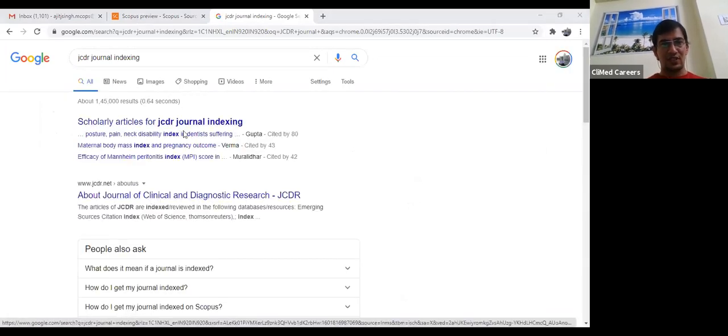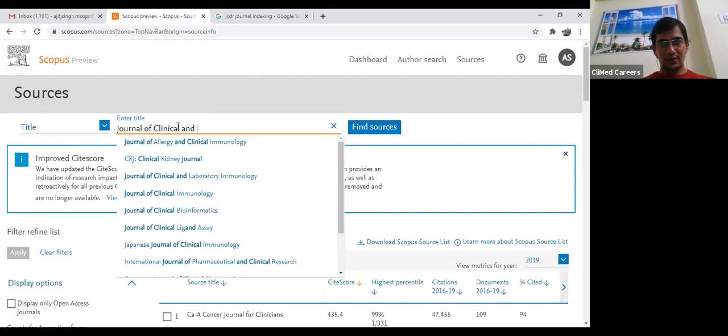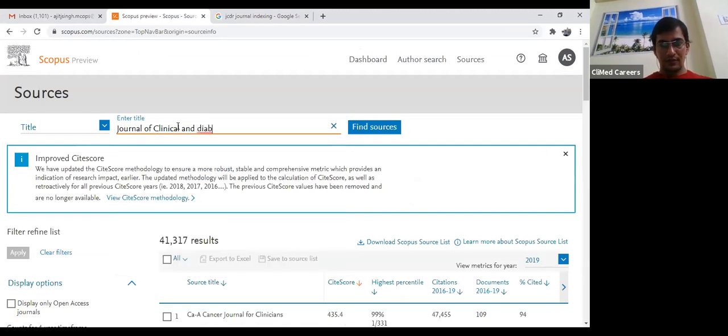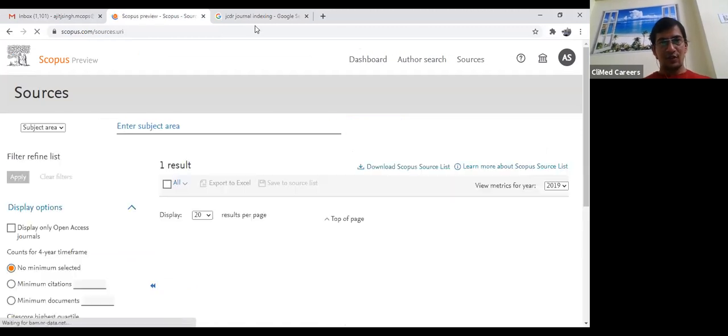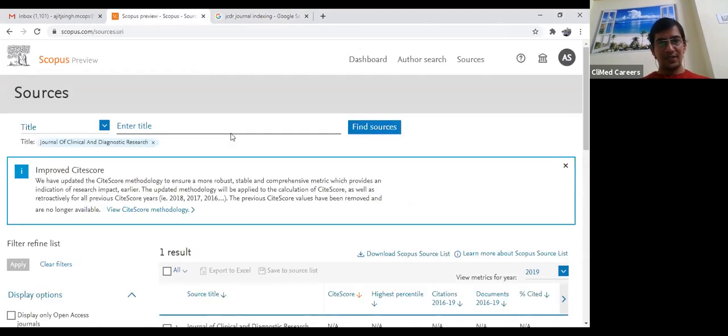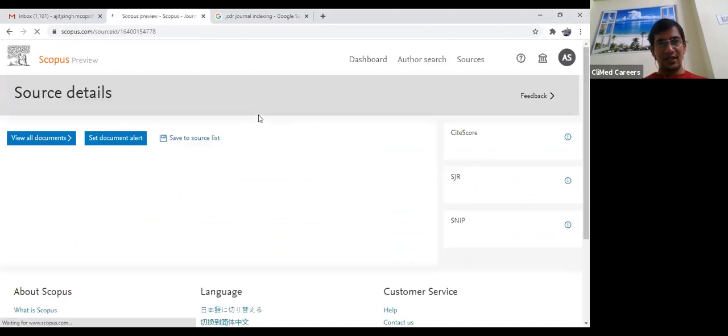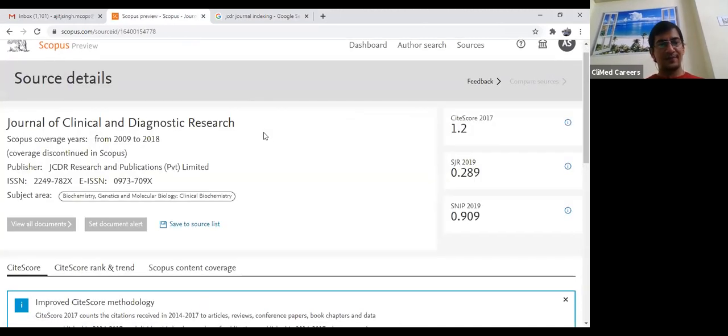Journal of Clinical and Diagnostic Research. Here, correct? Now open this journal. Right here is the journal. This is an Indian journal. Click on this. I'll show you how they make this.